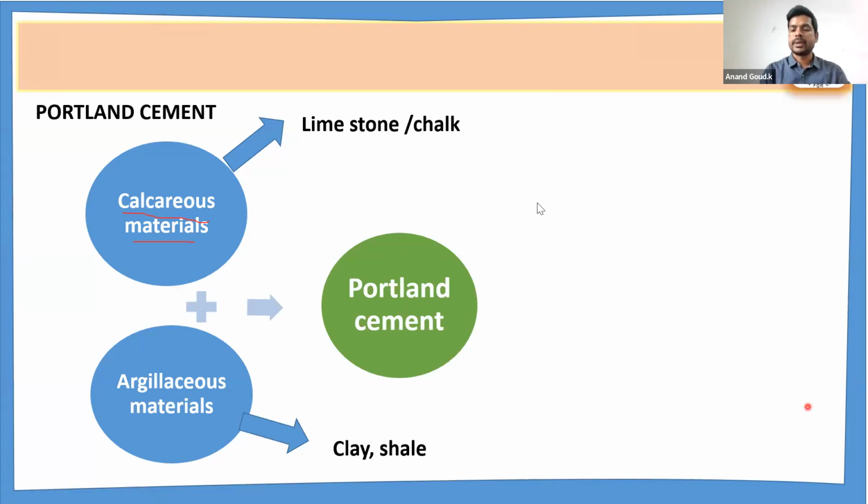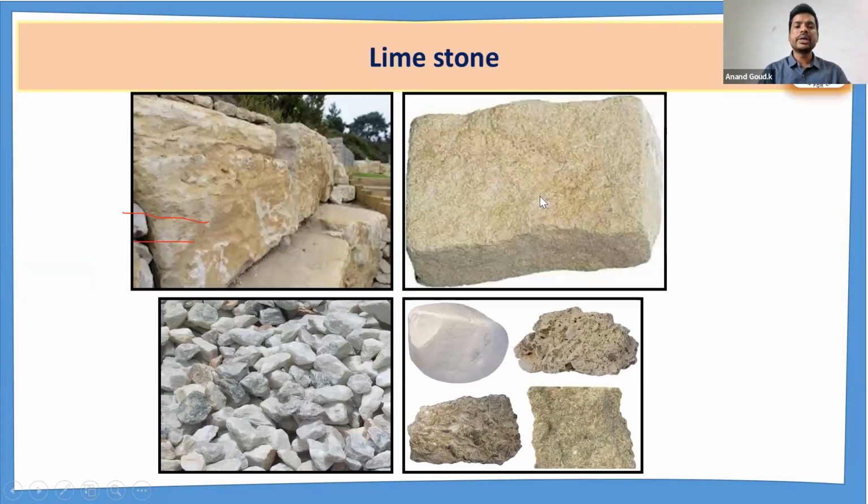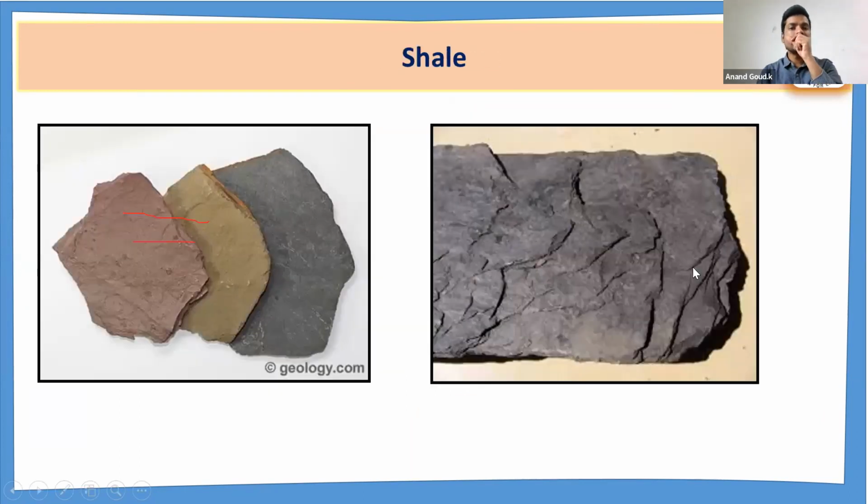Now here you can see the limestone and chalk. This is the chalk here, and this is the limestone. These stones are called calcareous materials; they have a high amount of calcium. Next, this is shale, an example for argillaceous material.